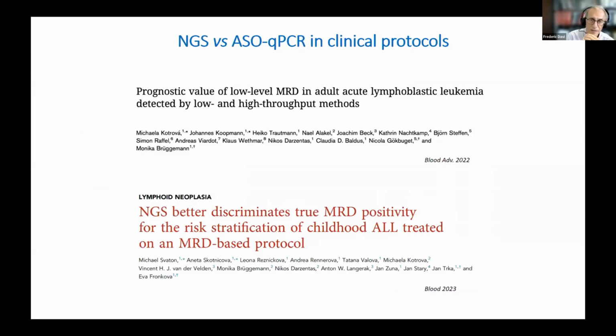And then this assay was used in retrospective protocols, and it showed in the top paper that yes, a low level of MRD can be detected by a low and a high throughput, and that NGS is a better discrimination for true MRD positivity in acute lymphoblastic leukemia.